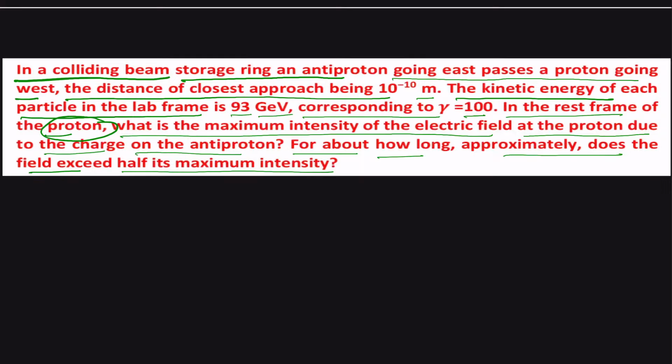The proton and antiproton are moving in opposite directions in the lab frame. So first of all, we are going to find out what will be the relative Lorentz factor in the proton rest frame, because the gamma that is given is with respect to the lab frame, but we have to calculate everything with respect to the proton frame.